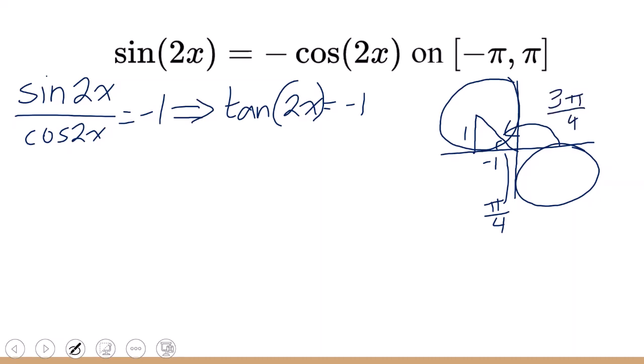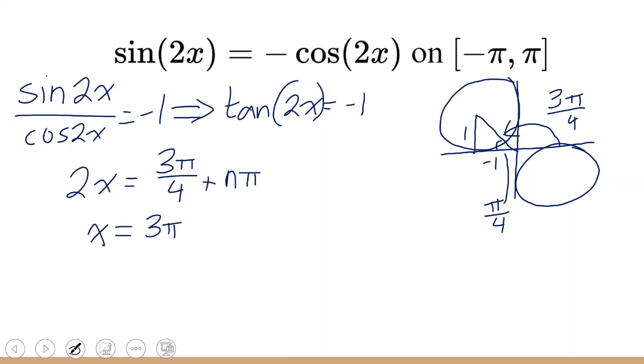So the tangent of 3 pi over 4 is minus 1, which means 2x is equal to 3 pi over 4. And since the period of tan is pi, I can add any multiple of pi I want, where n is an integer. Let's get rid of that 2, and so I have x equals 3 pi over 8 plus n pi over 2.